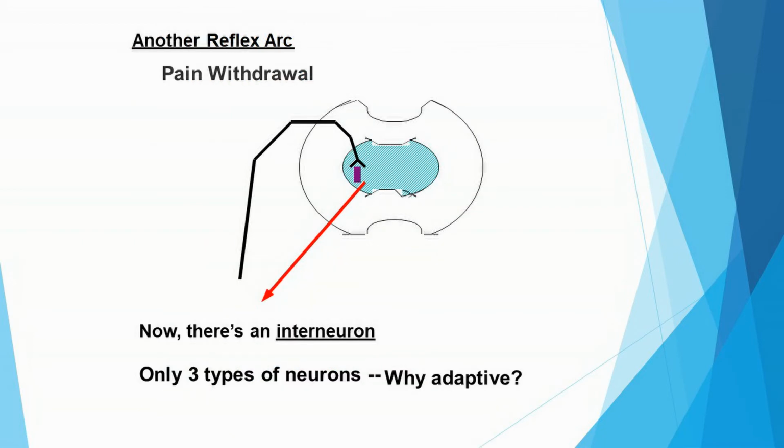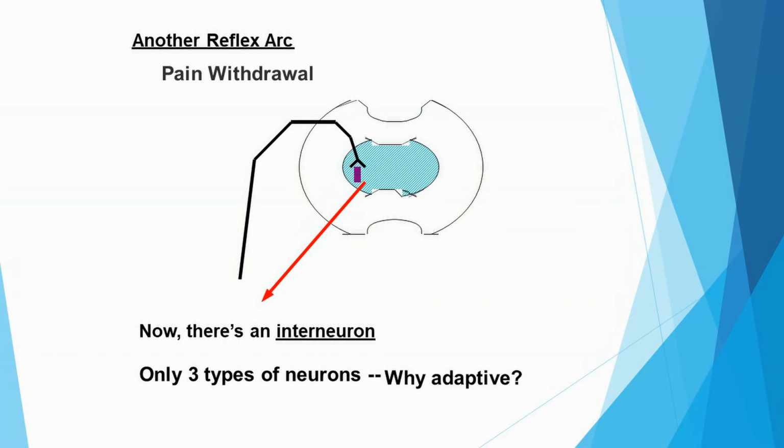Now let's talk about the second type of reflex arc that I want you to know, the pain withdrawal response. I know many people like walking barefoot, I do myself. And if you happen to be walking down the street barefoot and your big toe comes into contact with a sharp piece of glass, then the pain withdrawal response is likely to occur.